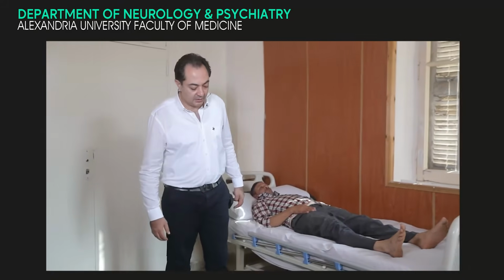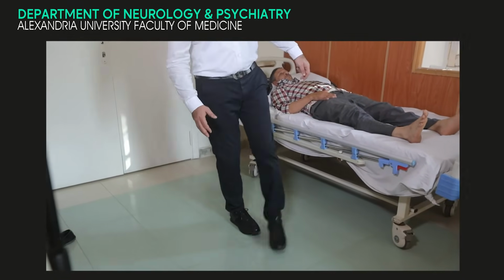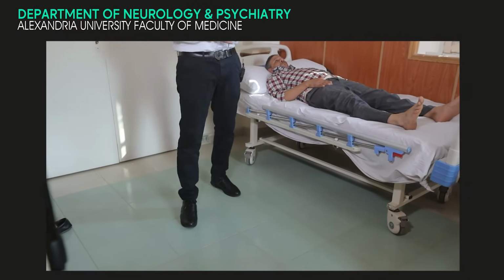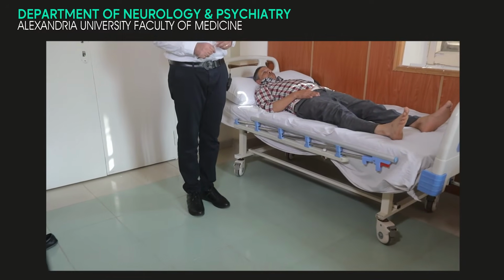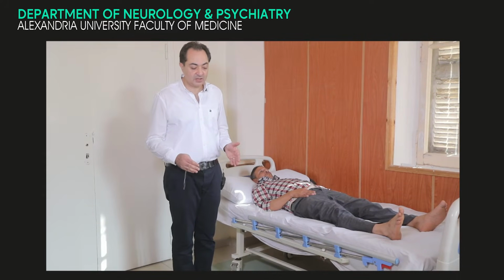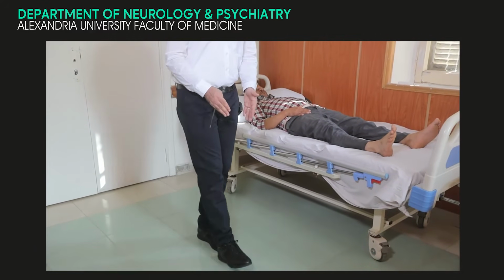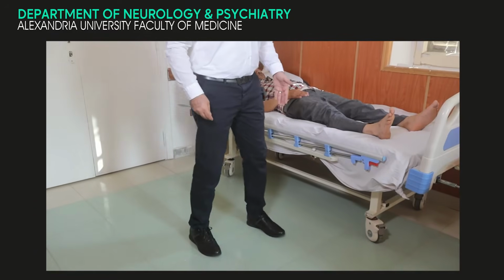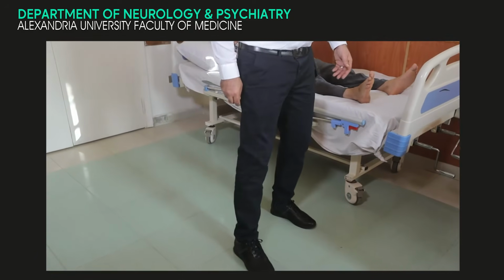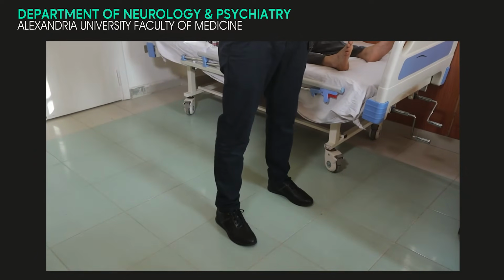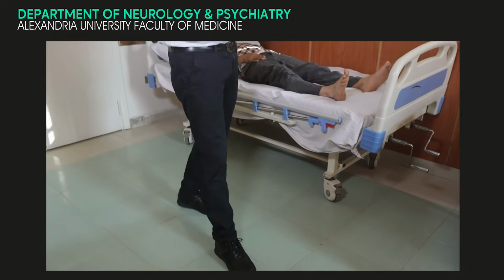For example, a right cerebellar lesion leads to swaying to the right side. If a patient has bilateral cerebellar affection, he cannot walk on a narrow base. He should walk on a wide base, which indicates bilateral cerebellar lesion.